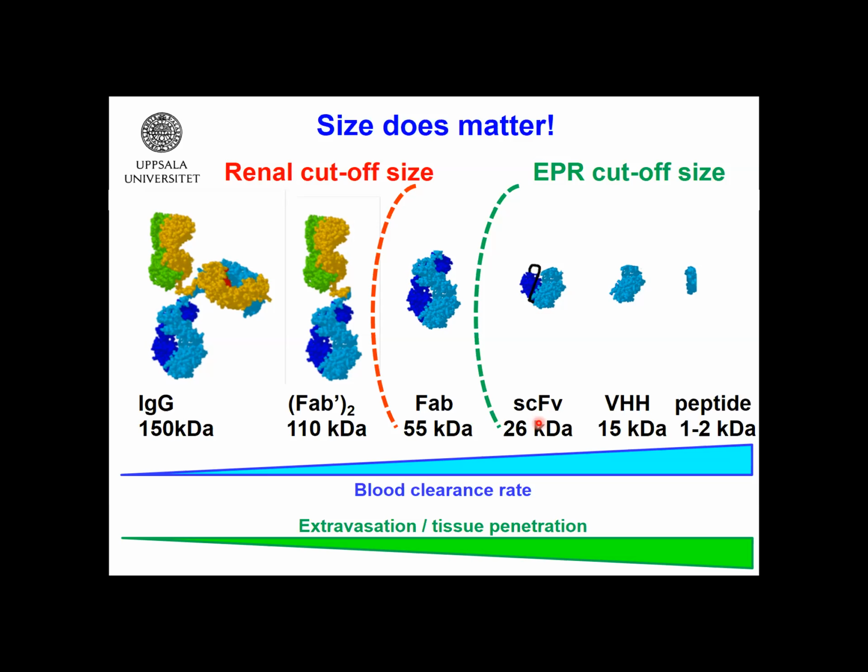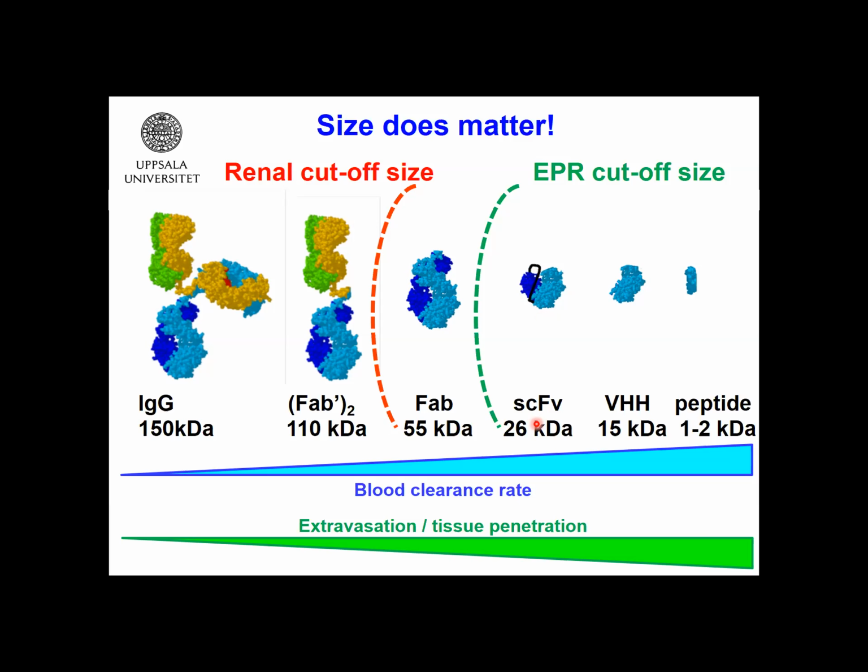And that is a further reduction. Probably the best one could do with immunoglobulin is to use the so-called VHH domain or nanobodies.